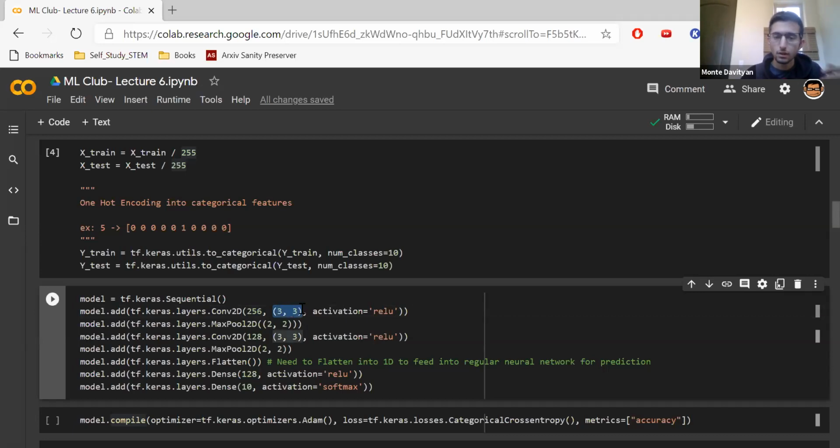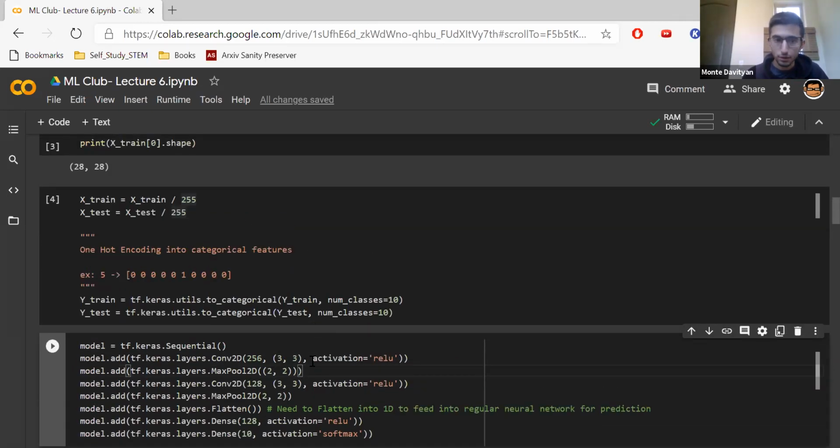This 3x3 is also sort of arbitrary. But this is the filter size, or the matrix size that it's going to loop through. For example, we set it to 3x3. It's going to have a bounding box of size 3x3.